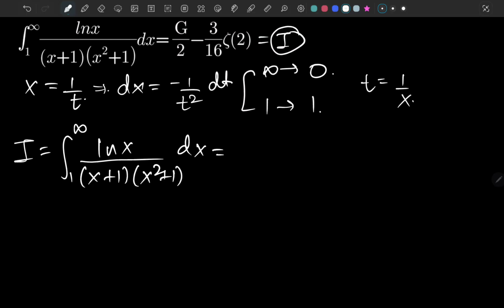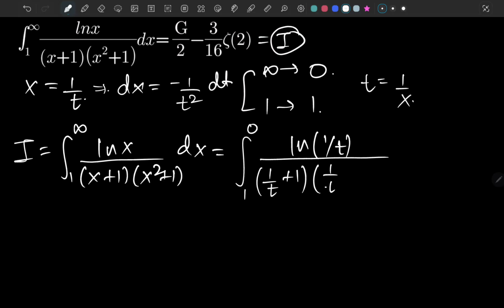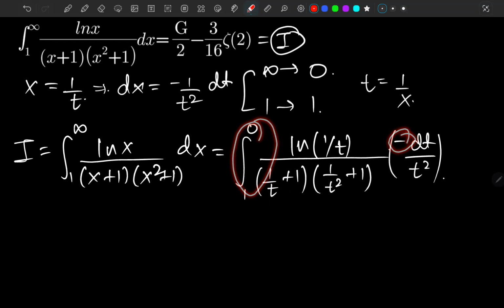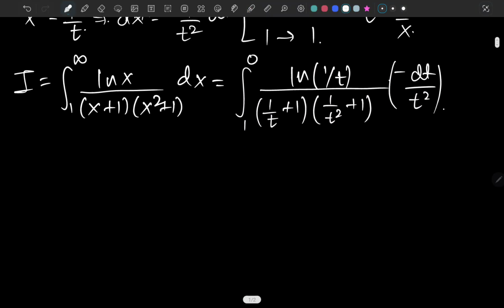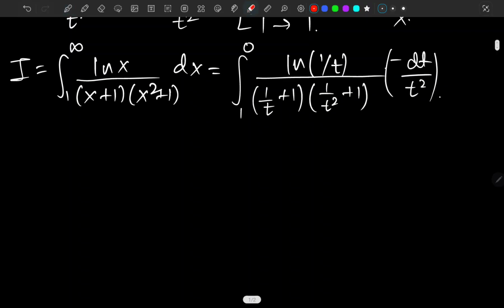From the substitution, it is the integral from 1 to 0 of ln of 1 over t over (1 over t plus 1) times (1 over t squared plus 1), and then negative dt over t squared. This negative is here to fix the bounds, because it's not properly bounded.